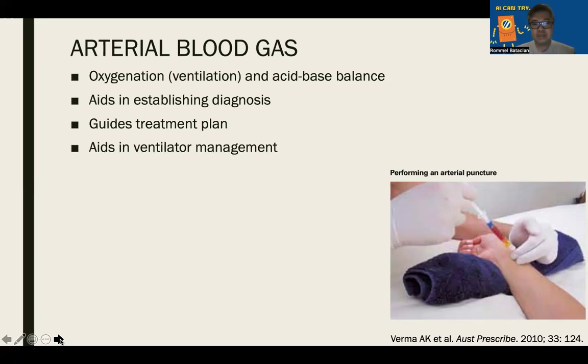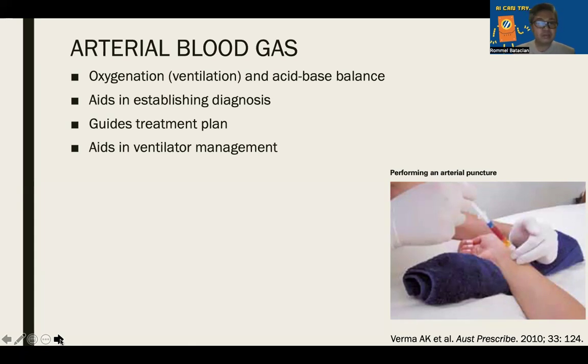It also helps us in guiding the treatment plan, depending on the acid-base abnormality, using the clinical data that we also get, in determining the cause of that abnormality.